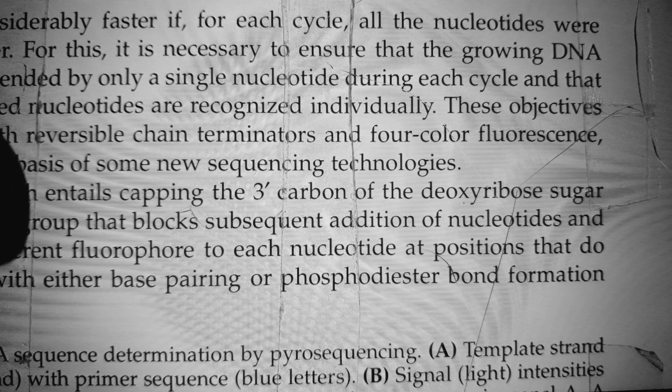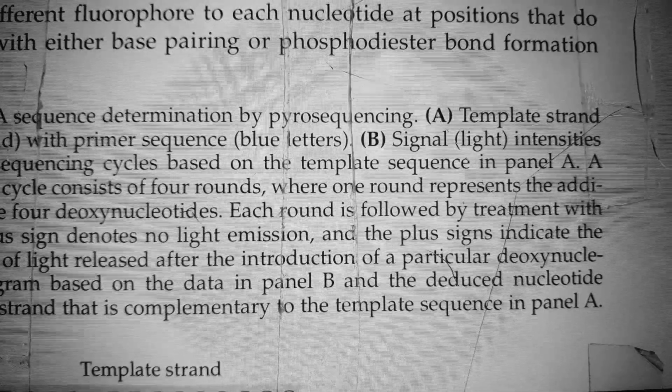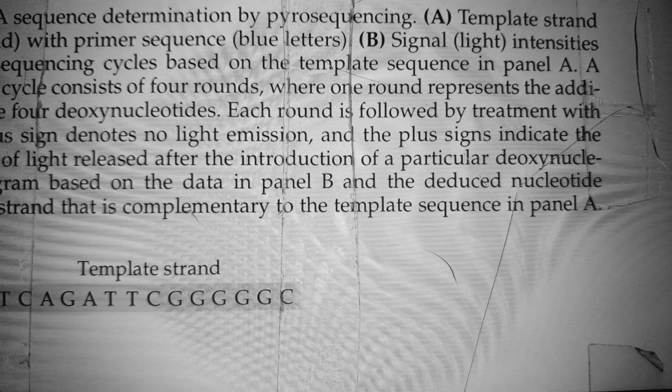Figure 4.31, DNA sequence determination by pyrosequencing. A, template strand in blue background with primer sequence in blue letters. B, signal light intensities with 4 pyrosequencing cycles based on the template sequence in panel A. A pyrosequencing cycle consists of 4 rounds, where 1 round represents the addition of one of the 4 deoxynucleotides.